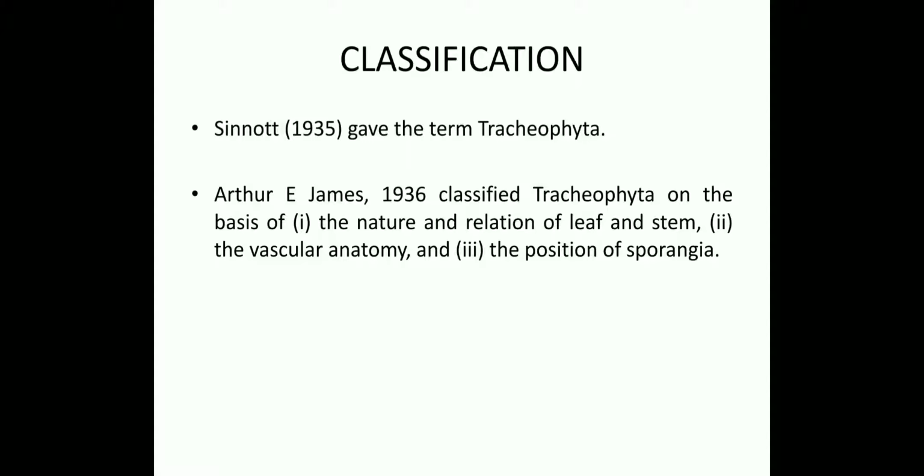Whether it is terminal on the stem, or located on the leaf, then we call it sporophylls. So basically these are the 3 criteria on the basis of which Arthur E. James classified tracheophytes into 4 subunits.